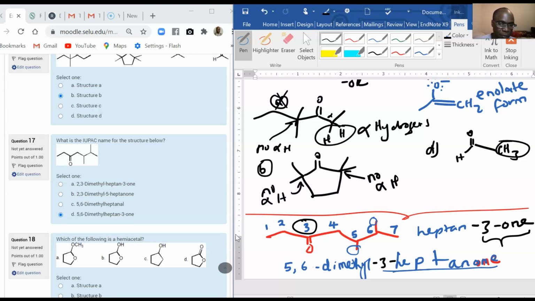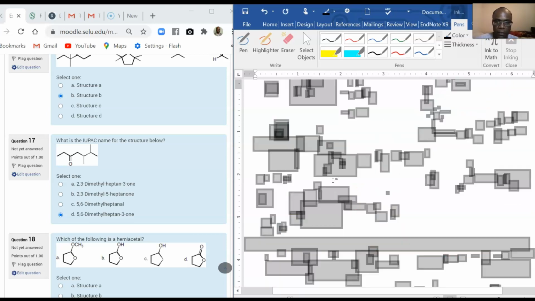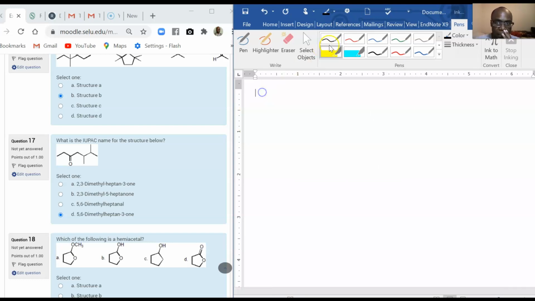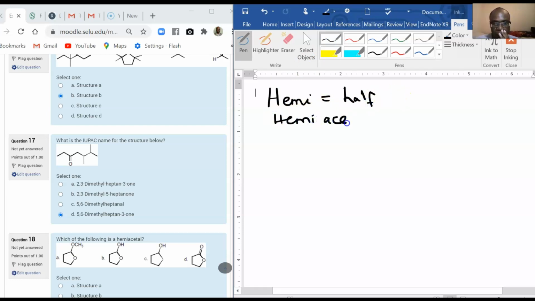Which of the following is a hemiacetal? Now let me see. Hemiacetal. So we said hemi means half. So hemiacetal is simply half the acetal. And what's the acetal?